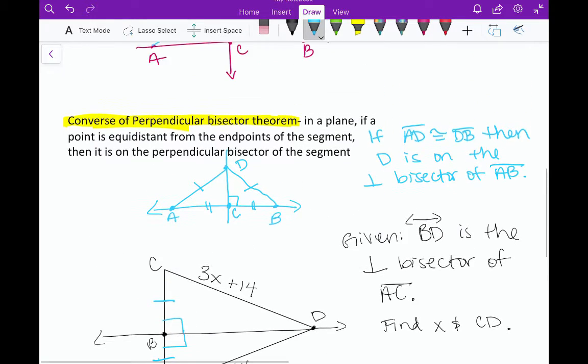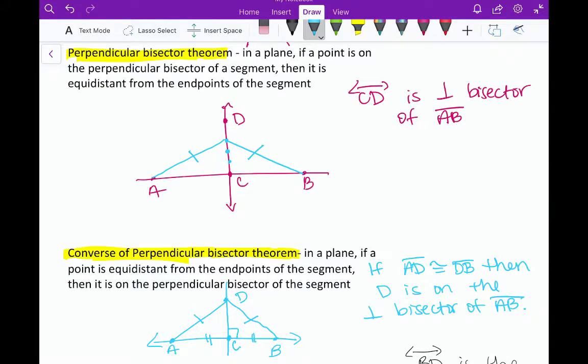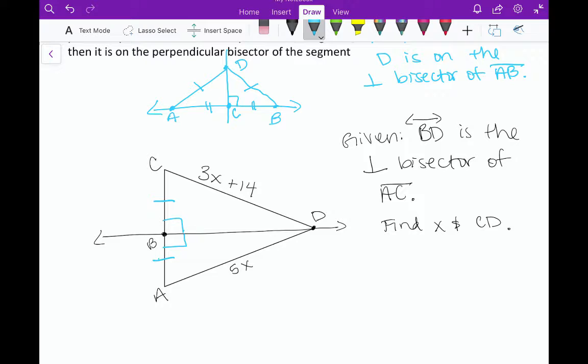Well, the perpendicular bisector theorem says that if a point is on the perpendicular bisector, then it's equidistant from the endpoints of the segment. So because point D is on line BD, which is the perpendicular bisector, then this must be congruent to this.